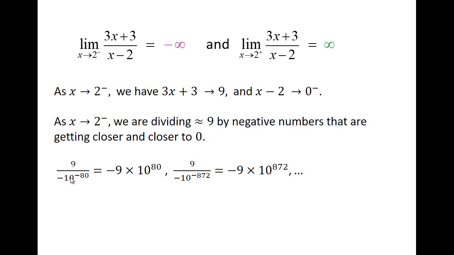Notice that 10 to the negative 80 is a number that is close to 0, because this is 0.000...1, where you have 80 zeros after the decimal point. So this is a very small number. So what happens when you divide 9 by a number that is very close to 0 and negative? Well, you're getting a negative big number here. So this ratio is becoming negative big.